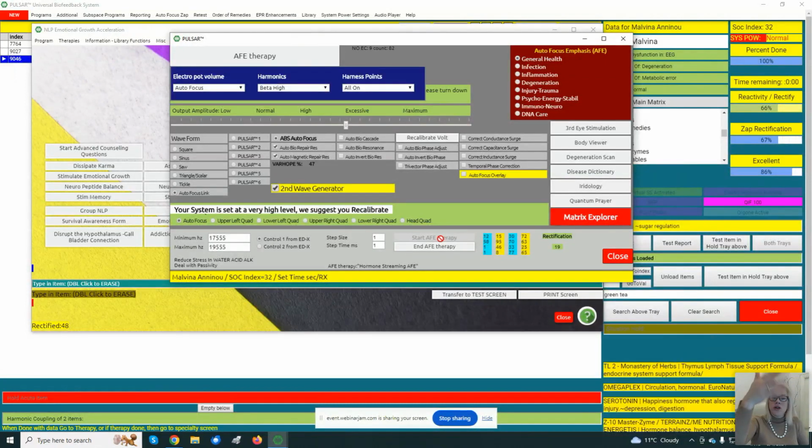Okay, so cortisol was in that list, so was testosterone and the other vasopressin and what have you. So all really good hormones to help balance me. Hormone streaming is a deep therapy, an AFE autofocus emphasis therapy, working even deeper.